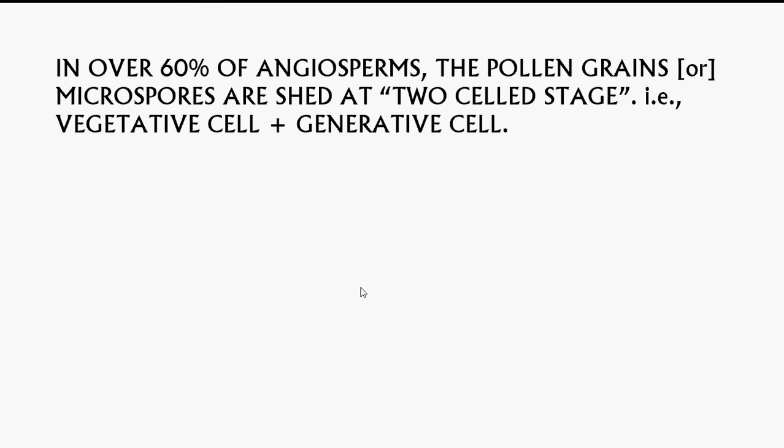In over 60% of angiosperms, or flowering plants, the pollen grains are shed at the two-cell stage, that is, the vegetative cell and generative cell stage. So in over 60% of flowering plants, the pollen grains fall on the stigma at the two-cell stage. The two cells are the vegetative and generative cell.